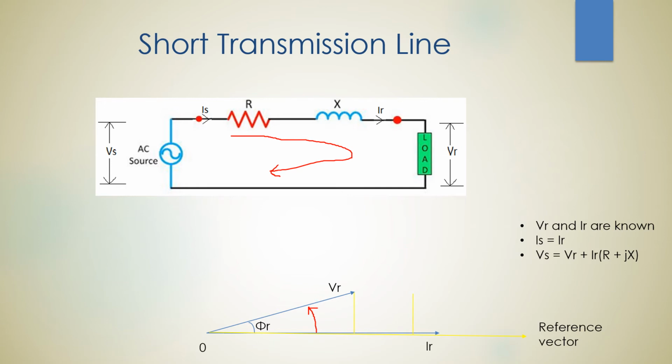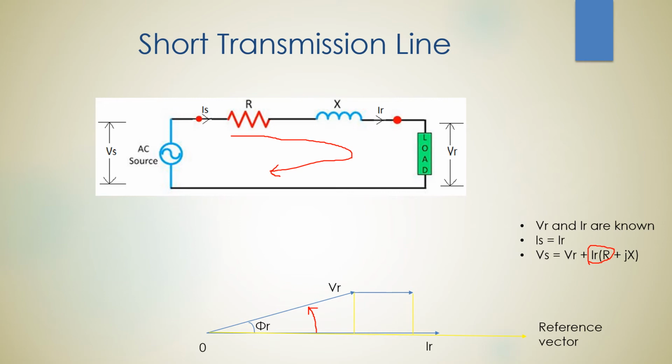Now we want to show this vector IR into R. The IR into R vector is shown parallel to IR, and that's why we are showing this vector here.